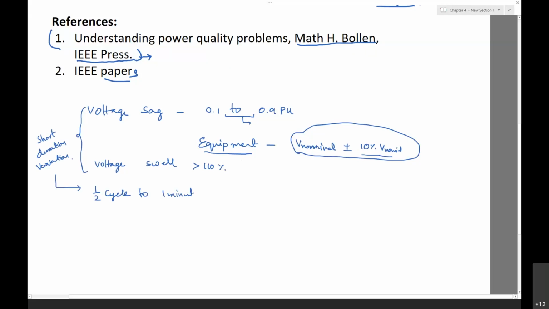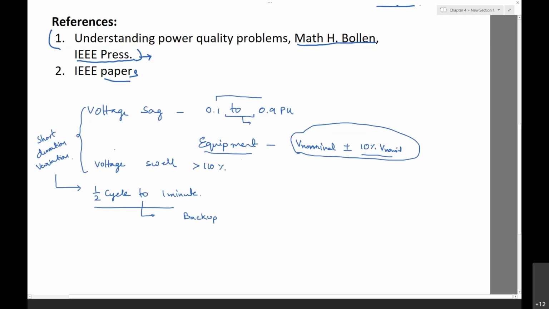If there is any variation of the voltage between 0.1 and 1 per unit within this duration, and you have any kind of backup system, then your equipment is going to operate or have satisfactory performance.